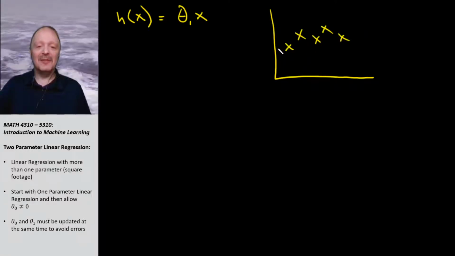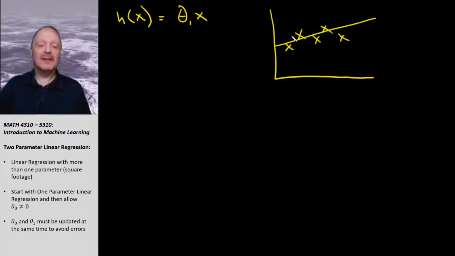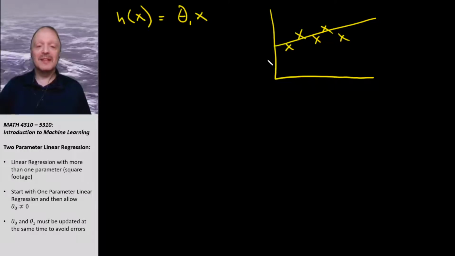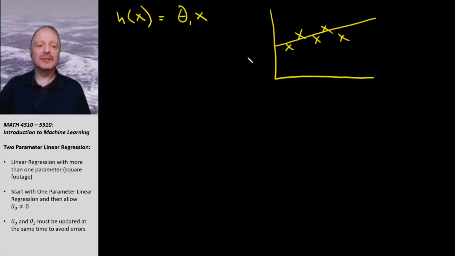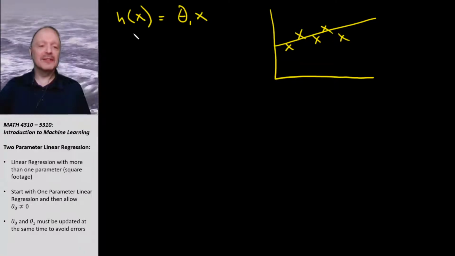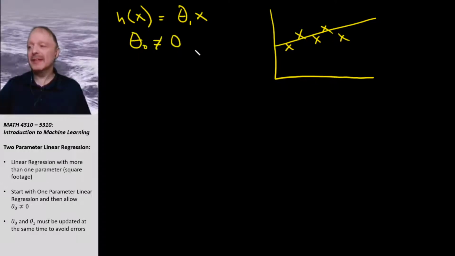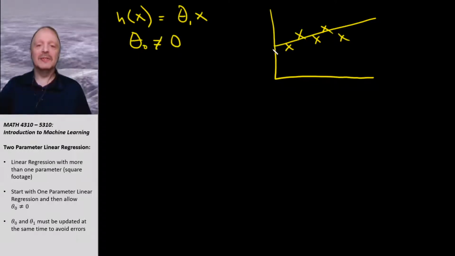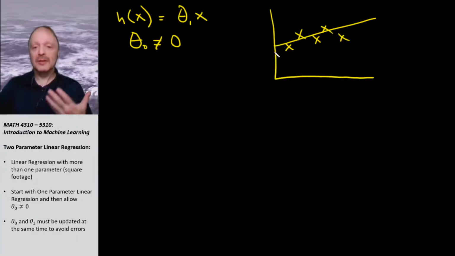that, when I fit a line to the data, maybe something like that, it's definitely not hitting at the origin. This is your offset, your baseline value. So we need that theta 0 to not equal 0. That is important so that we can always have the threshold for our model.